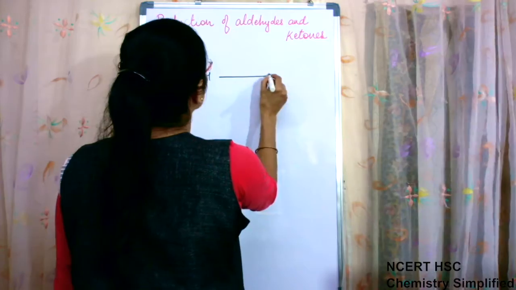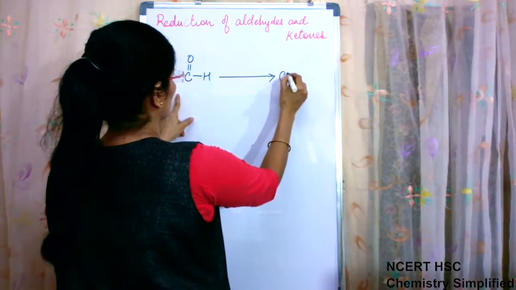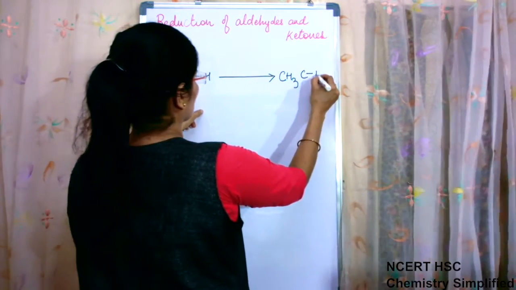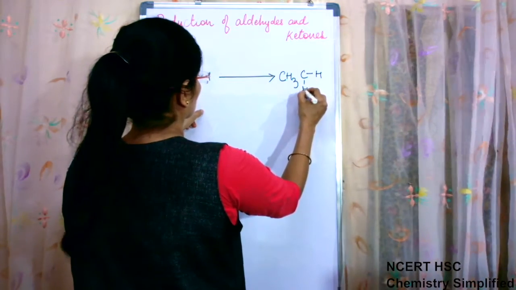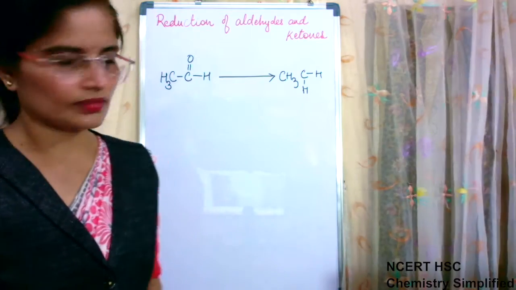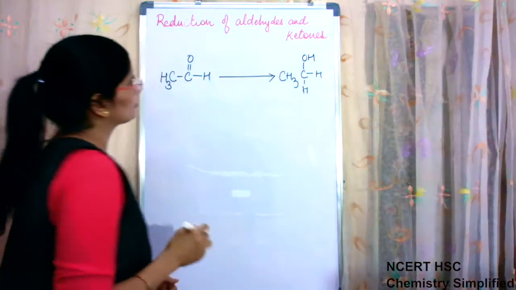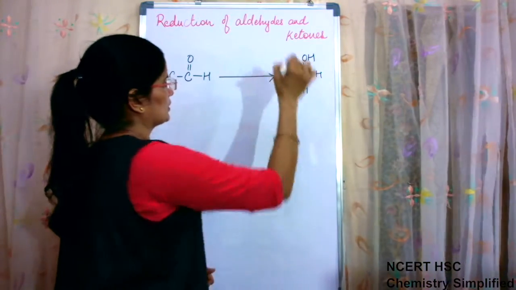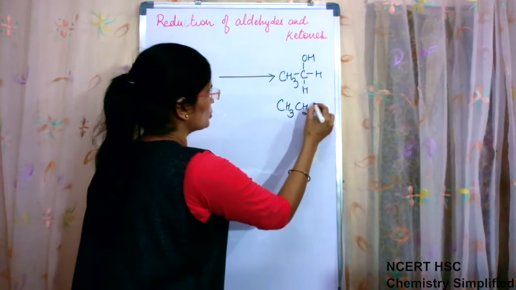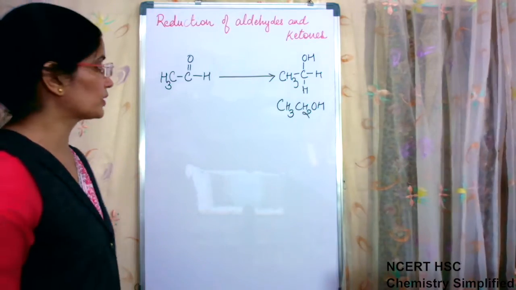For conversion of aldehyde to alcohol, the alcohol will be CH3, this C will be CH, and this will become OH. If we write it, we can write CH3CH2OH.